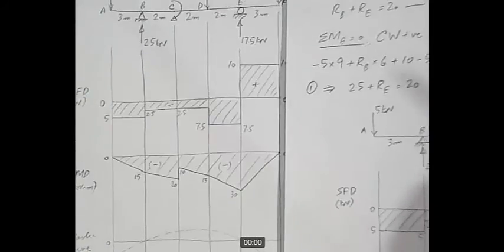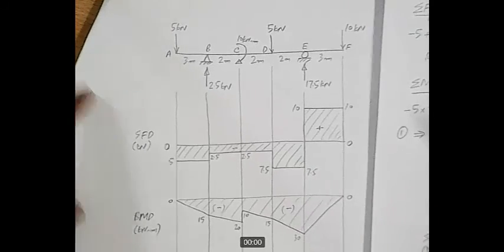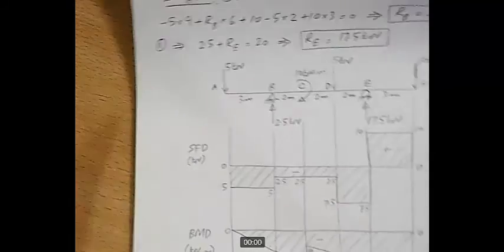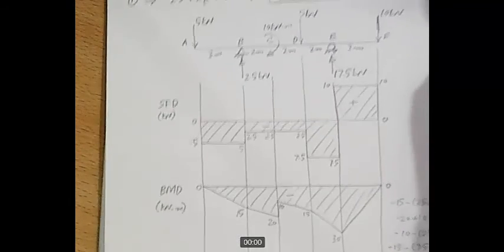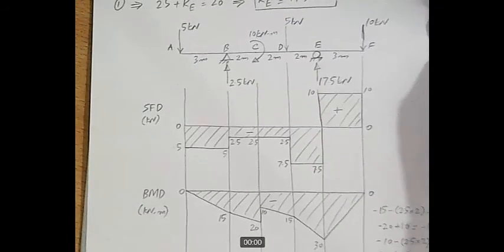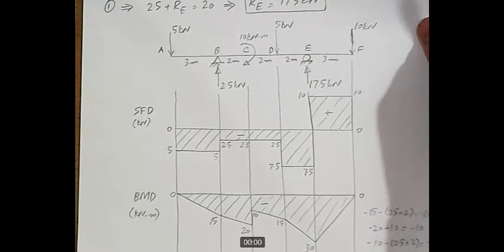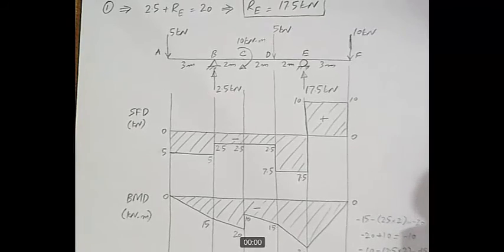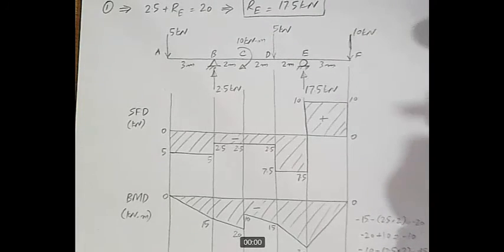Oh, I think my camera cannot accommodate that, but this is the old solution, this one, and here is our new solution, and both are exactly the same. So you can see that if we follow the relationship between load, shear and moment, then easily we can end up with the same shear force and bending moment diagrams.